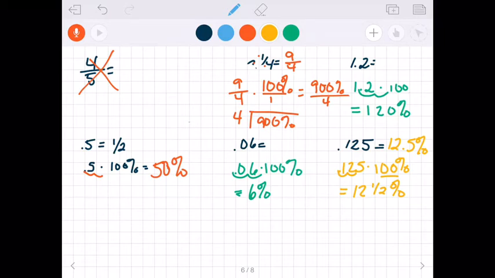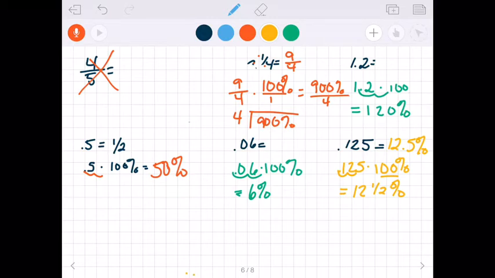I want y'all to finish the practice problems on your own. Let's go ahead and look at the very last one, though. It says, what percent of a foot is a yard? What percent of a foot is a yard?